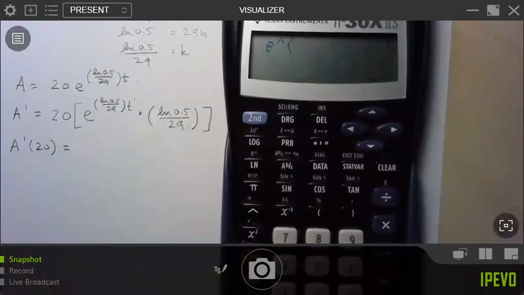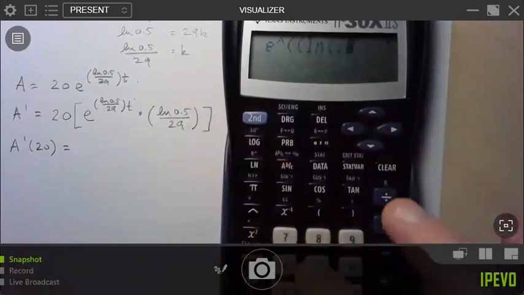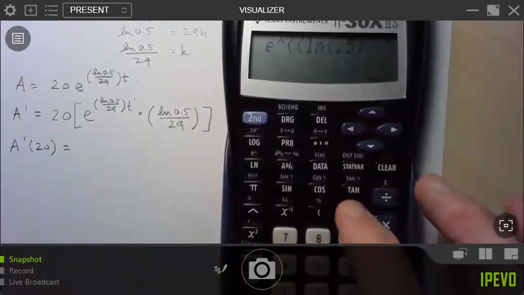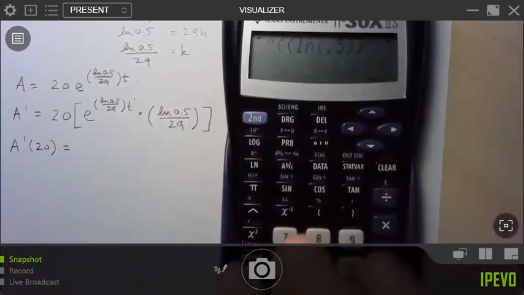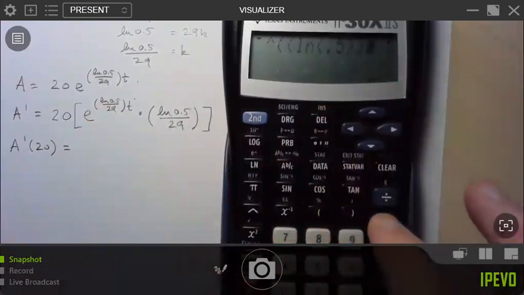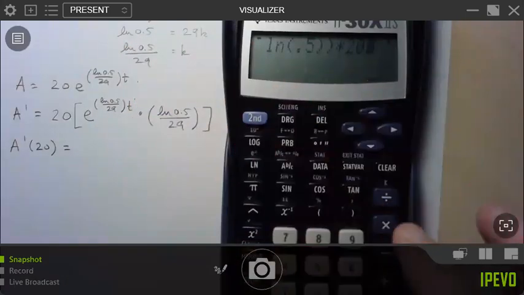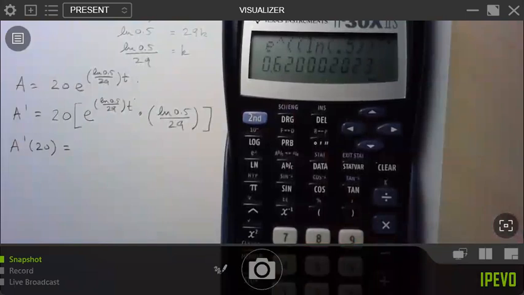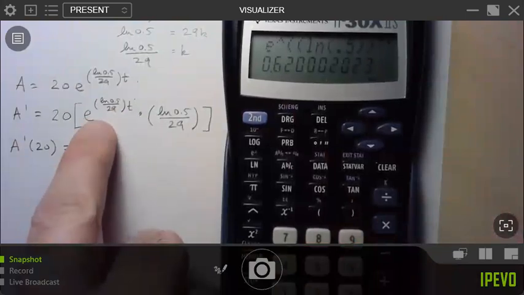If yours doesn't, I would strongly recommend that you open one up. So here we've got ln 0.5, then times t equals 20. Even though I don't really need it, I'm going to put the times 20 and divided by 29, and press equal. Okay, so that's this part here.